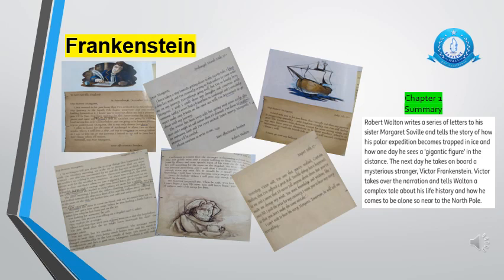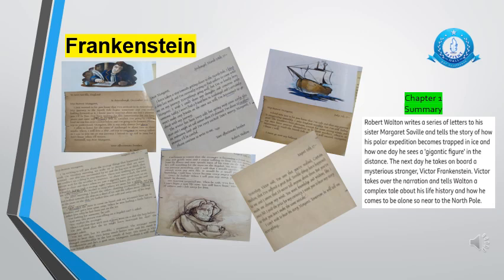Robert Walton writes a series of letters to his sister Margaret and tells the story of how his polar expedition becomes trapped in ice and how one day he sees a gigantic figure in the distance. The next day he takes on board a mysterious stranger, and who was that stranger? Victor Frankenstein.